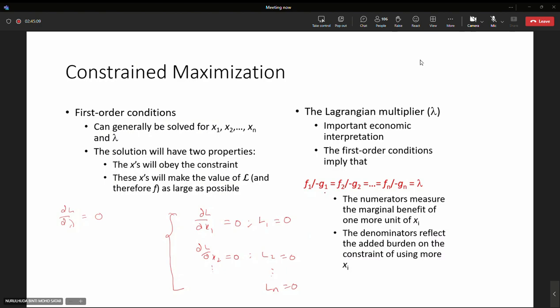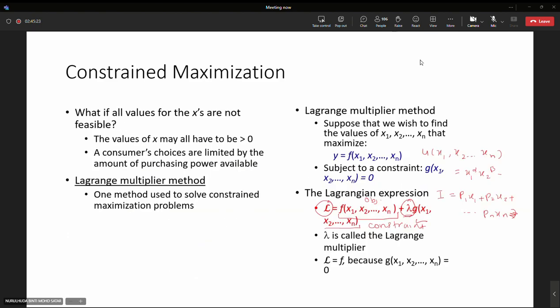So that is basically looking at the impact of a change in the constraint on the objective function. That is the function of lambda. It is looking at the impact of a change in I here, because I is some amount of income that we have, which is basically fixed.